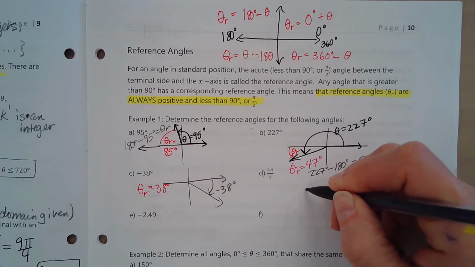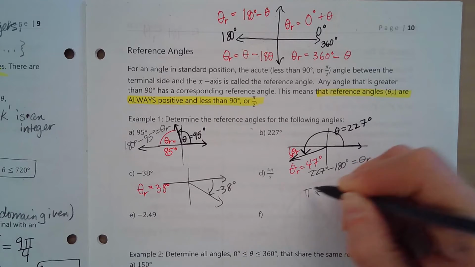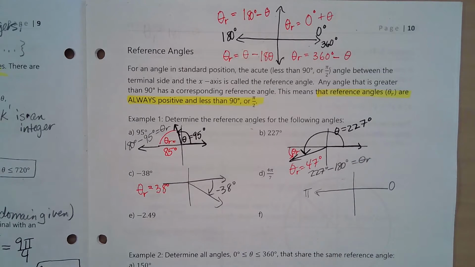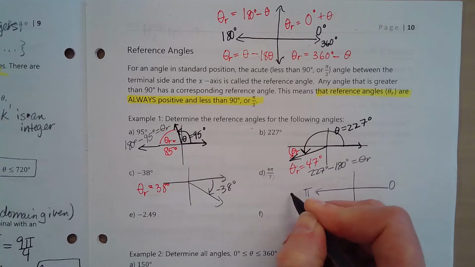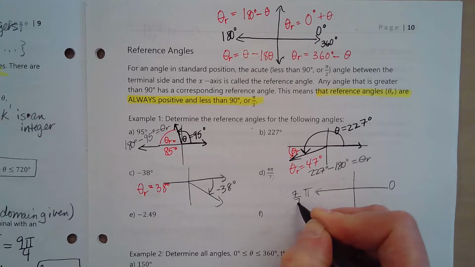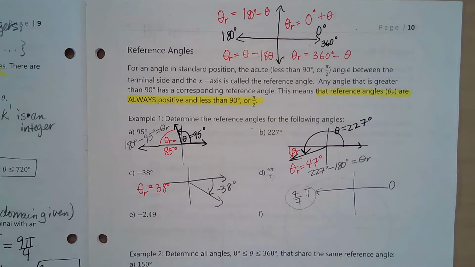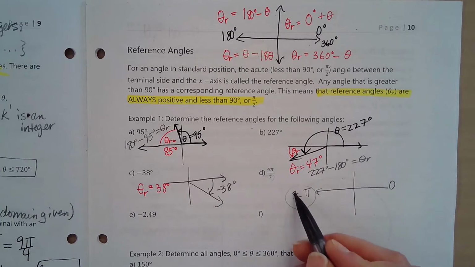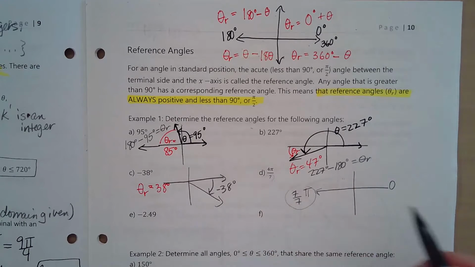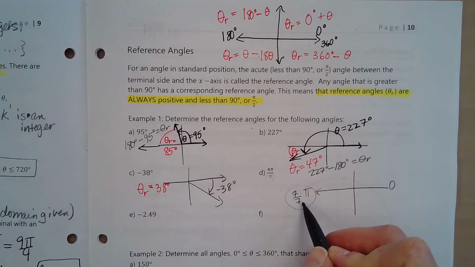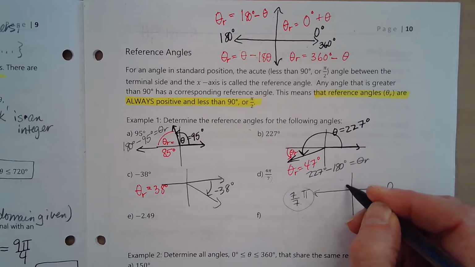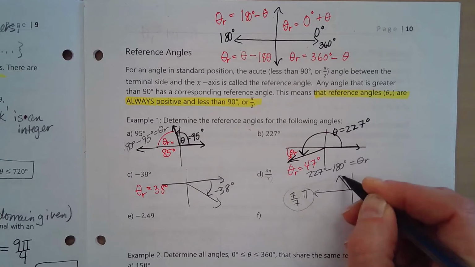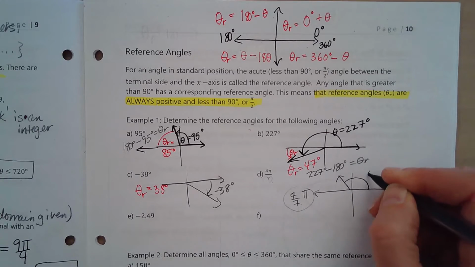This is where pi is, right? So in this case, you could think of pi as being 7/7 pi, because they gave me sevenths to work with. So if this is 7/7 pi, as Adam said, 4 is a little bigger than halfway, so it would be about here, about 4/7 pi.